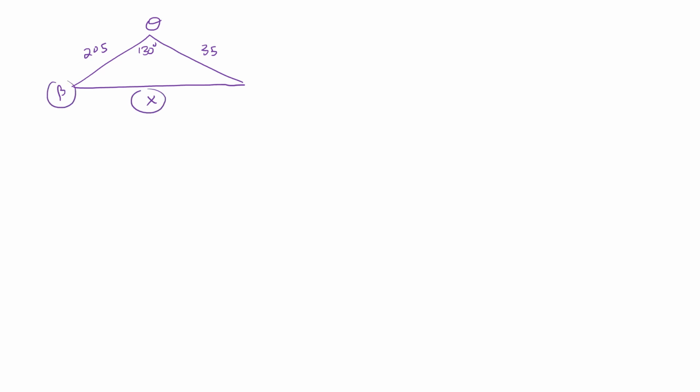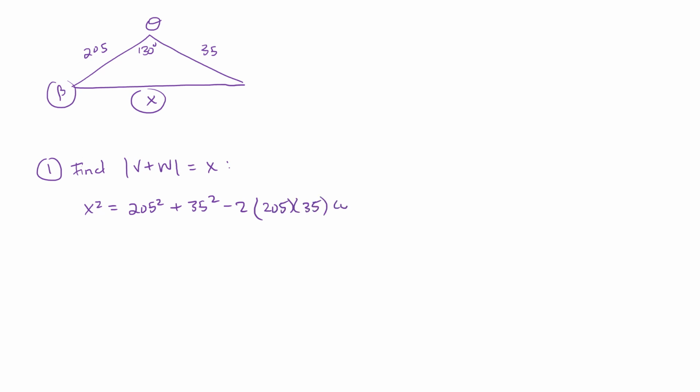Okay, so let's find the magnitude of v plus w, in other words, x. So x squared will equal 205 squared plus 35 squared minus 2 times 205 times 35 times the cosine of 130 degrees.